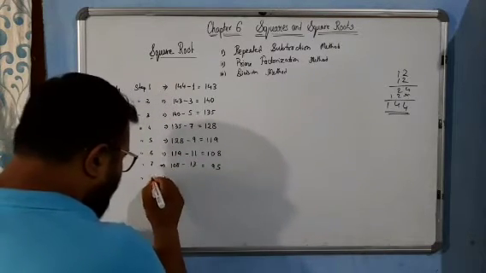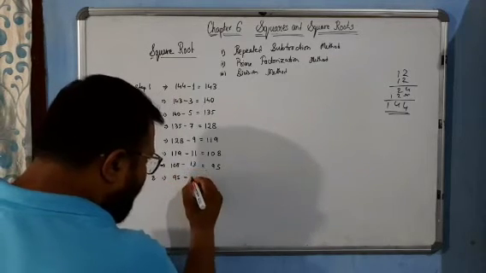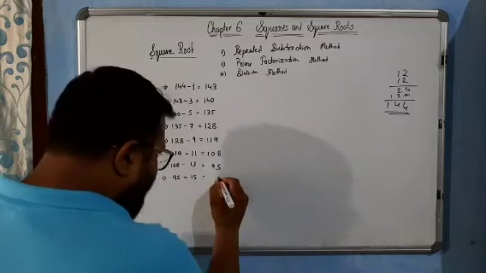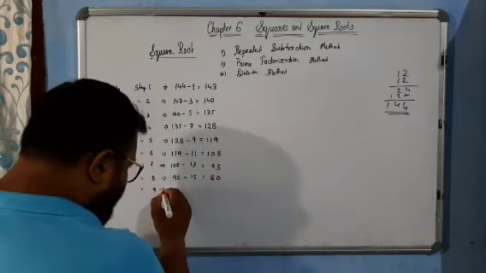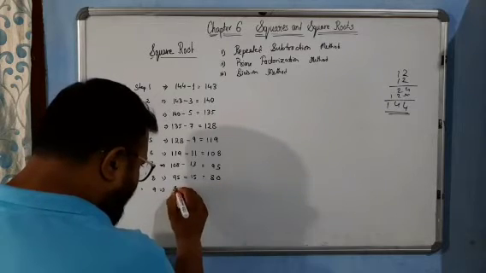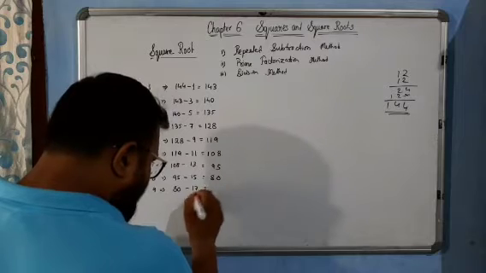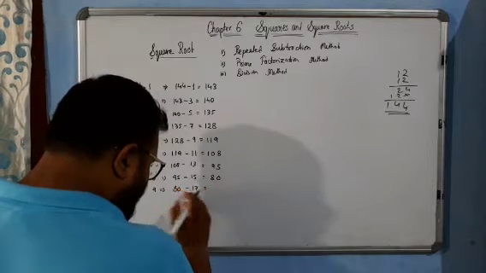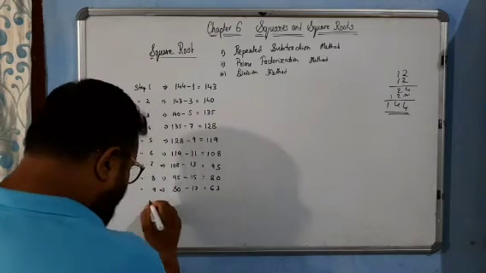On step 8, 95 is subtracted by how much? Next will be 15, so it will be 80. On the 9th step, it will be 80 minus the next odd number, 17, which gives you 63.